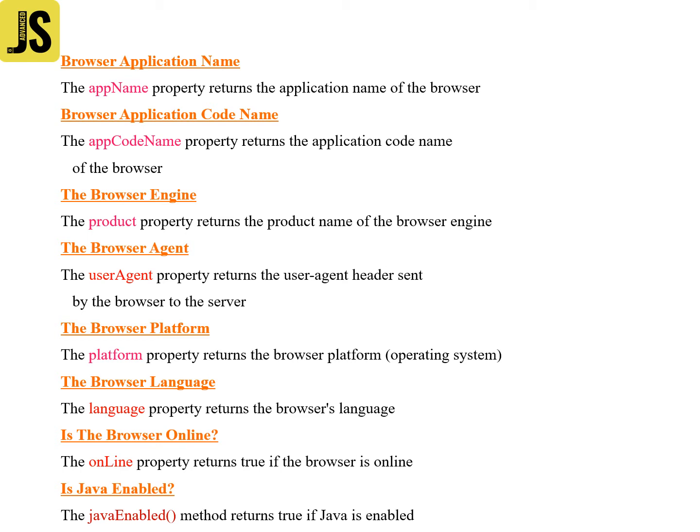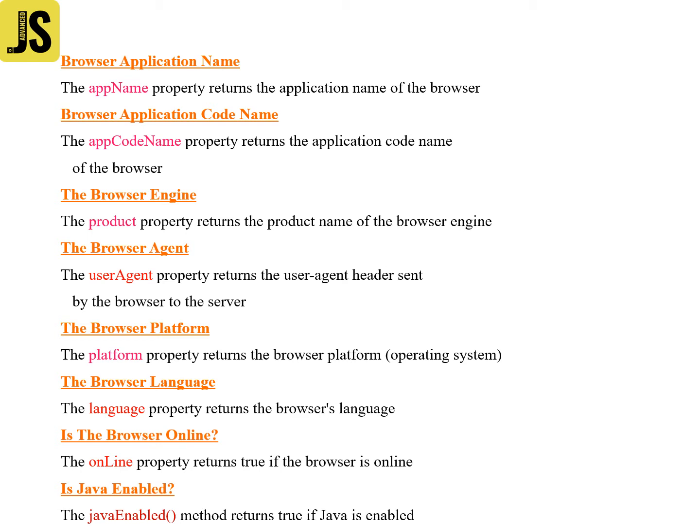In addition to the app version object, we can use some other properties that can be accessed from the browser. Browser application name can be extracted using the appName property. The appName property returns the application name of the browser.